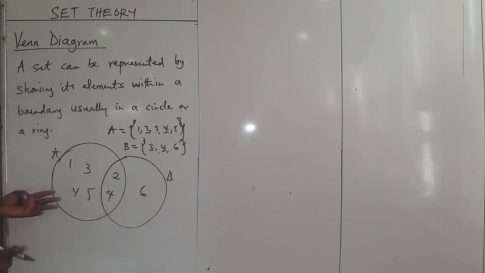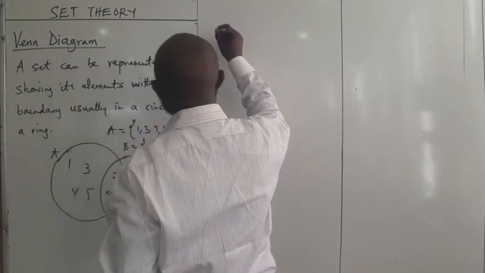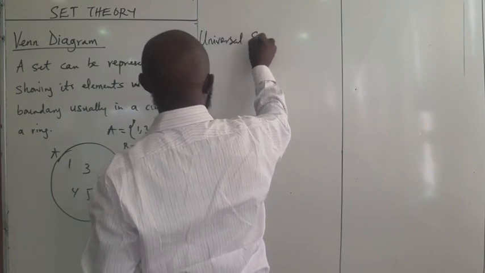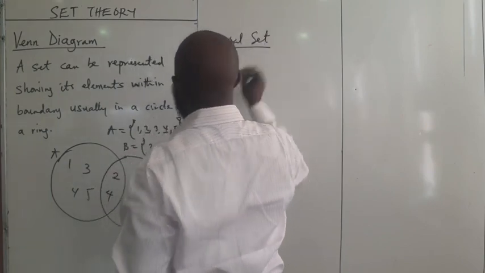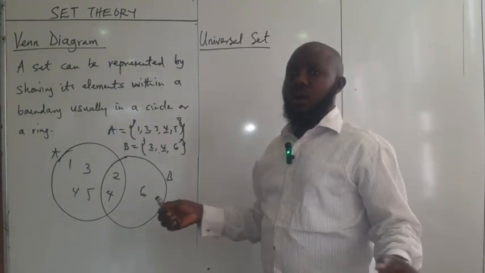Then we also have the other one, which is the universal set. The universal set will now be represented in the rectangle. That's the next thing we're going to look at: universal set. When you talk about the universal set, it is a set that contains other sets.